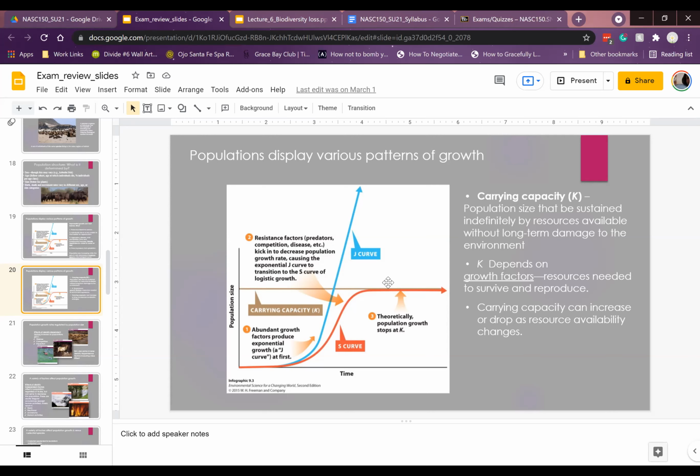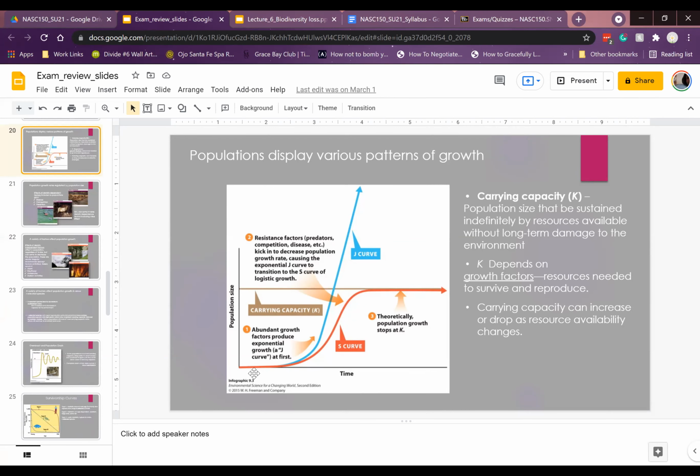A little bit of pizza, small population. A lot of pizza, a lot more people. And that's what we're seeing with carrying capacity. And it does vary between organisms. And just as a reminder, the S curve is very much what we see for K-adapted or K-selected species, such as humans, as well as elephants.